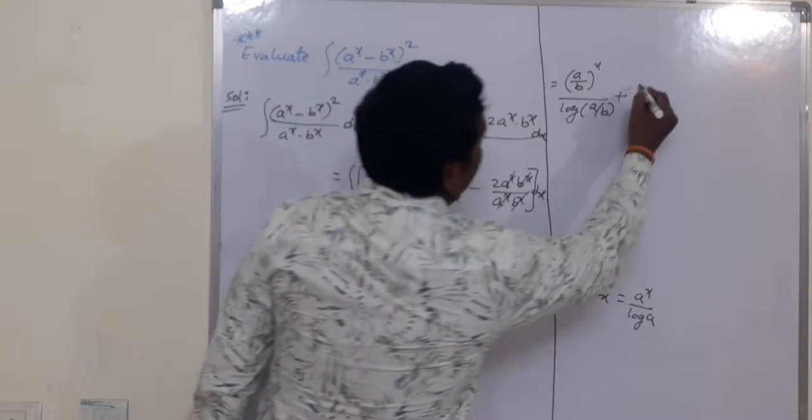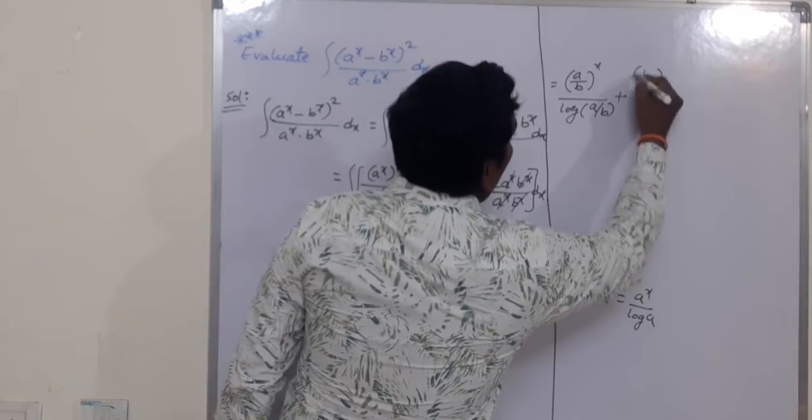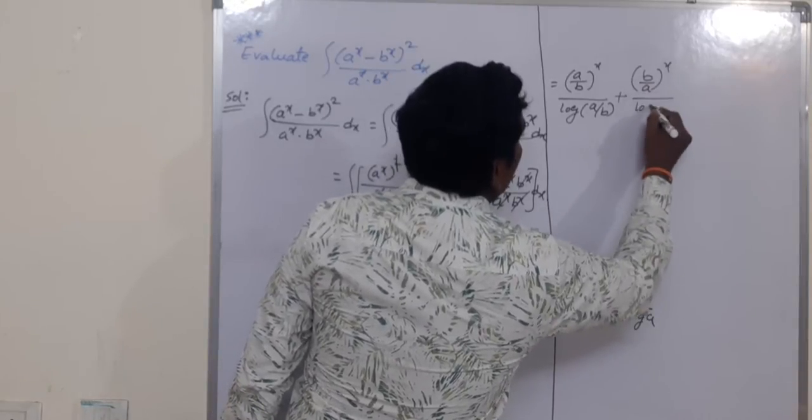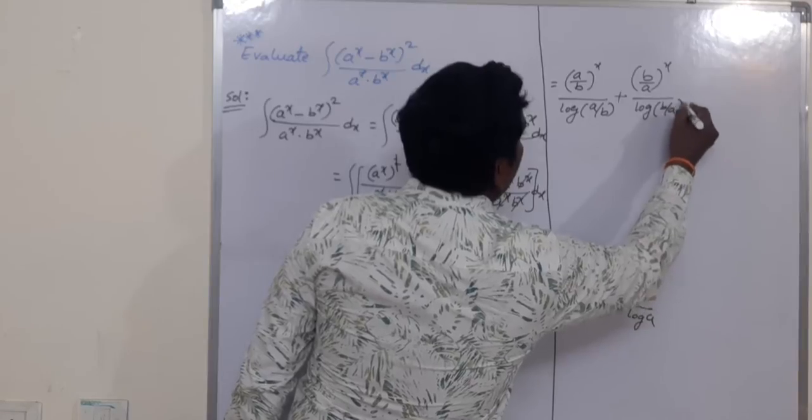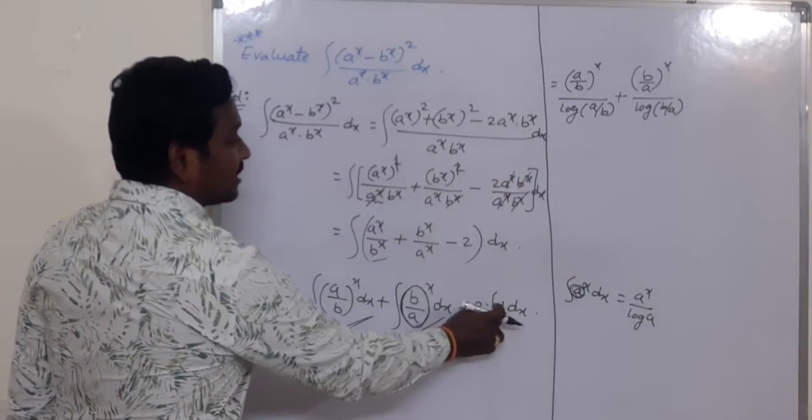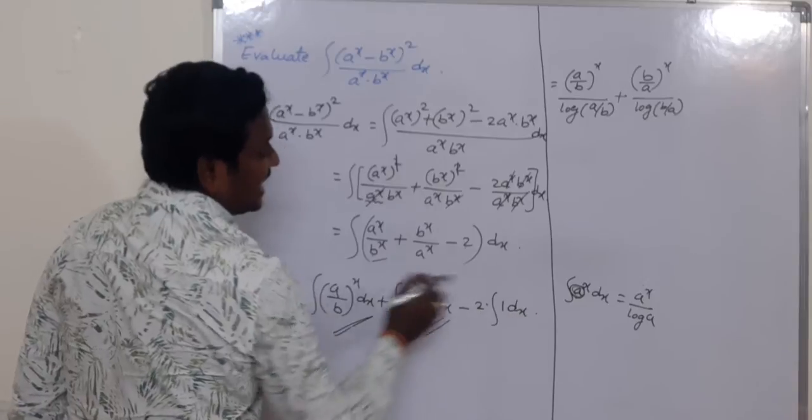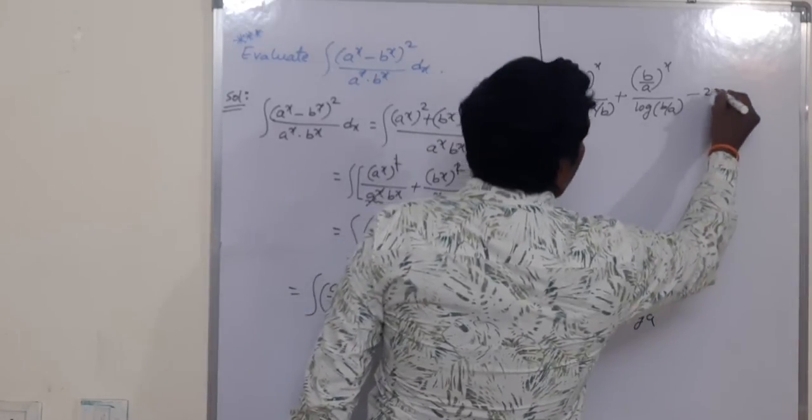So you will get (b by a) whole power x whole by log of b by a. Finally, the integral of 1 dx is x, so you will get minus 2x.